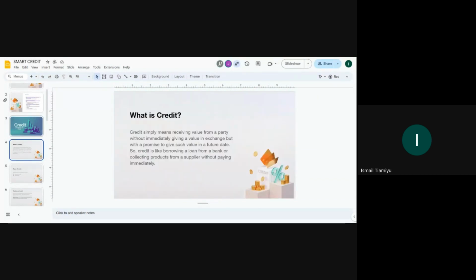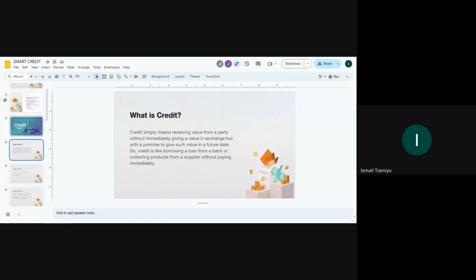So we'll talk about what credit is. Credit simply means receiving value from a party without immediately giving a value in exchange, but with a promise to give such value at a future date.